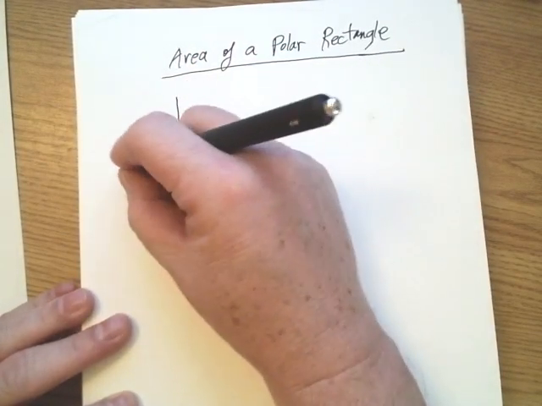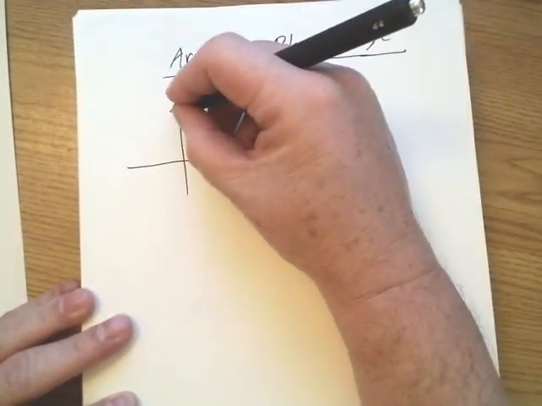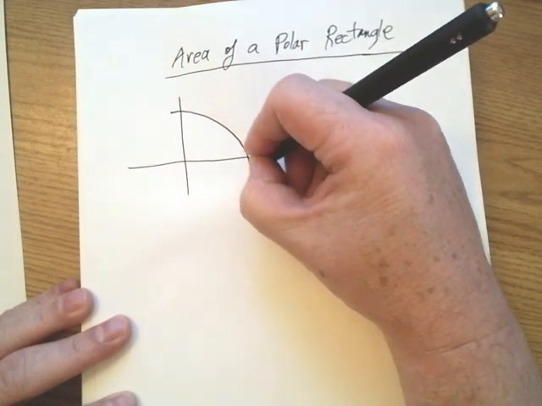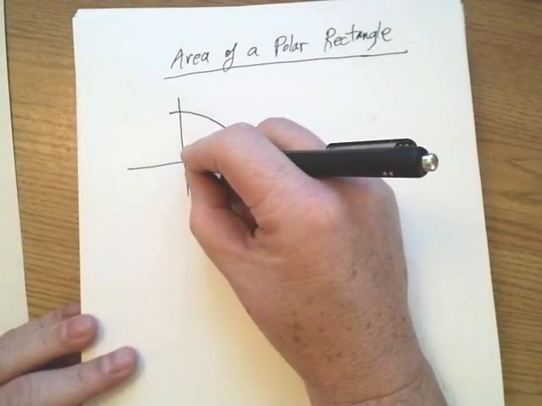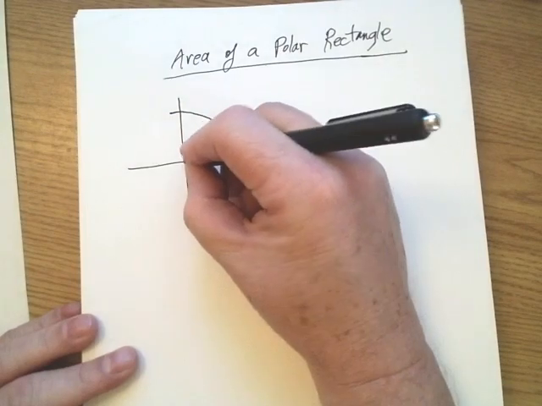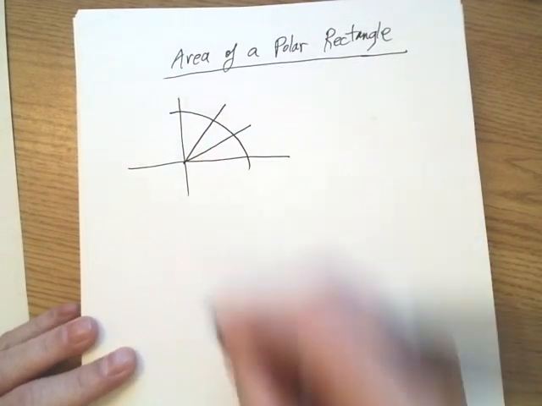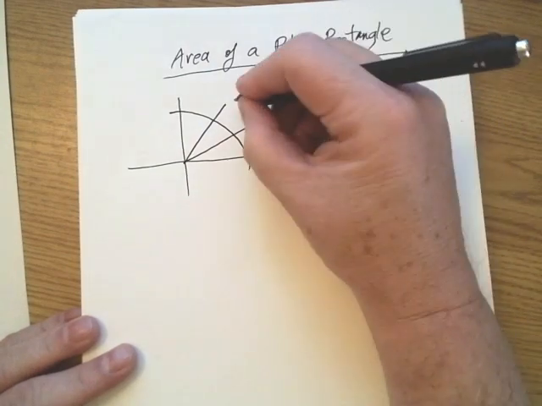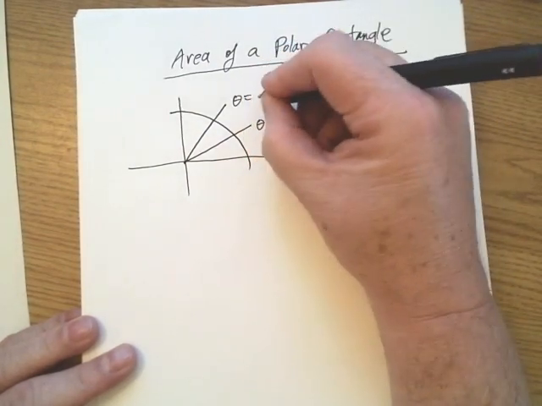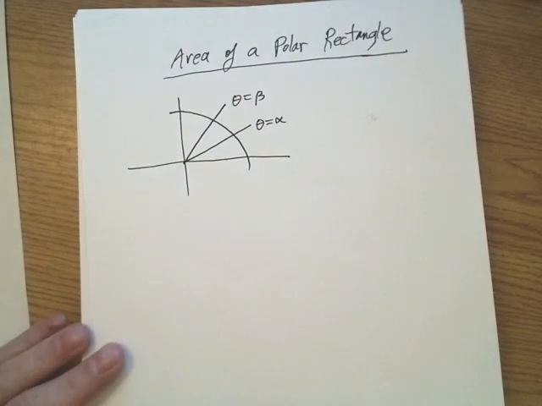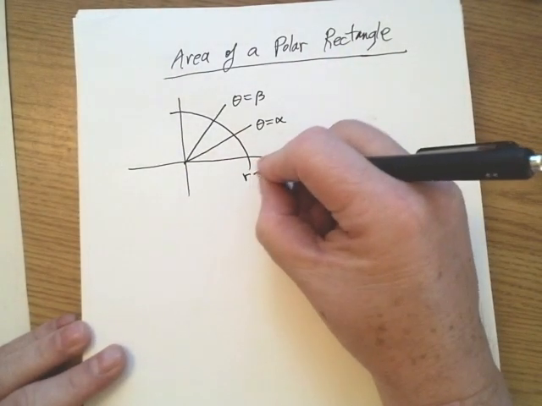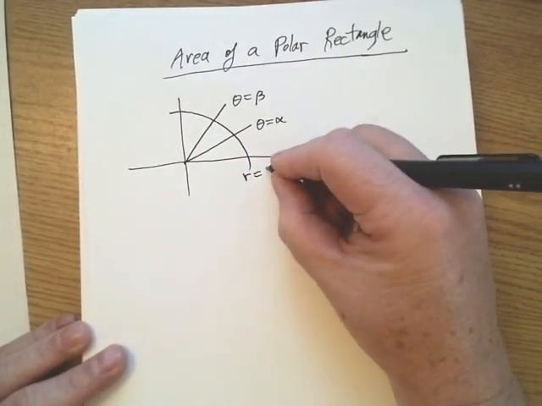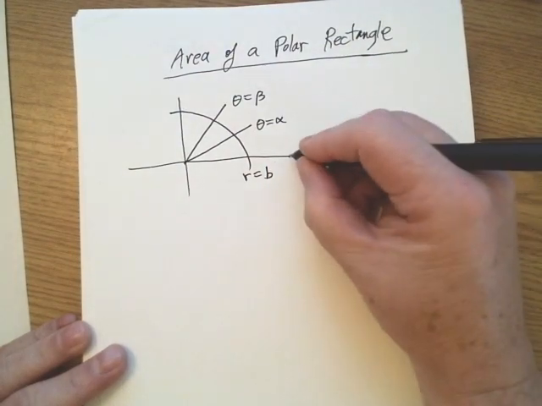Let's just talk about the area of part of a circle first. Let's say this is theta equals alpha, theta equals beta, and the radius here is b, the larger radius.